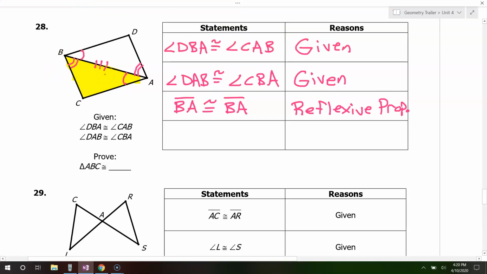We seem to have two angles and a side. That means this will either be angle, angle, side, or it will be angle, side, angle. It'll be angle, side, angle only if the side is between the two angles. And look, this side is between these two angles. So that makes this angle, side, angle.